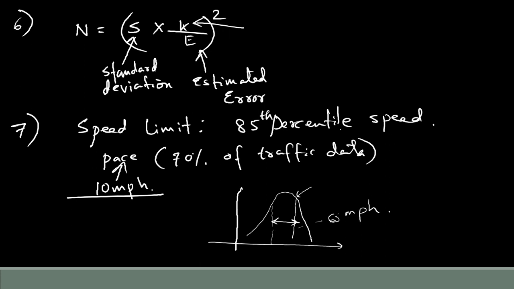So 55 to 65 is the pace for this scenario, right? 70% of the traffic data you will find here. So police only want to concentrate on the remaining 15 percentile of data. Okay, so next let's move to number 8, which is curve advisory speed.